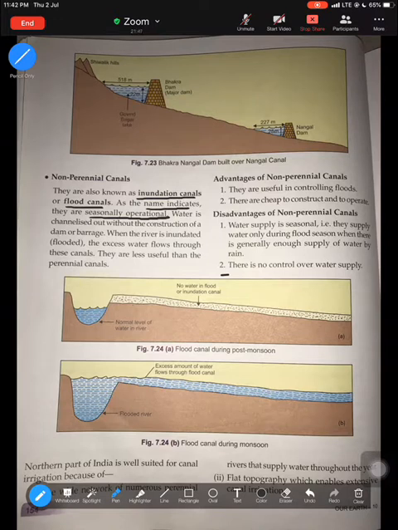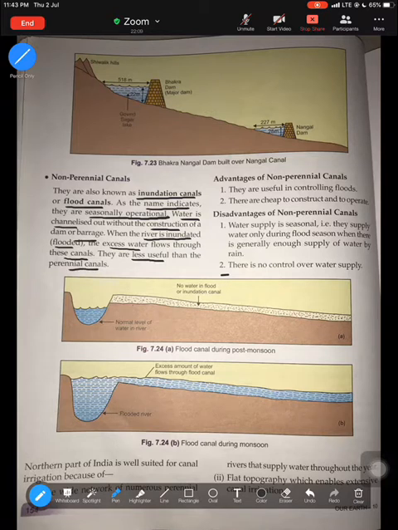That is why they are also known as inundation or flood canals. Water is channelized out without construction. So directly, without constructing a dam or a barrage, the water is provided to the land. When the river is inundated, meaning flooded, the excess water flows through this canal. They are less useful than the perennial canal.